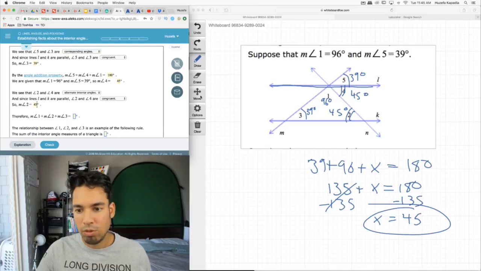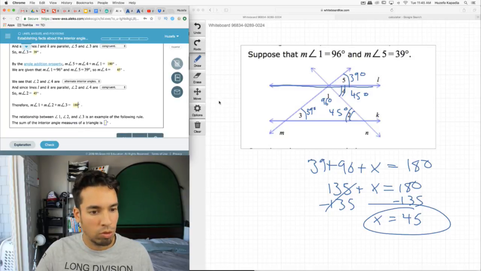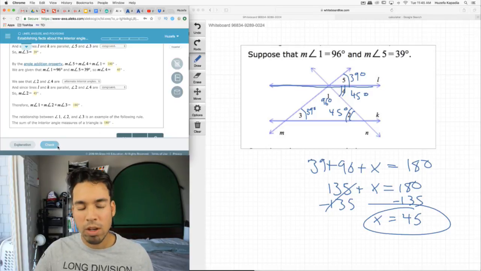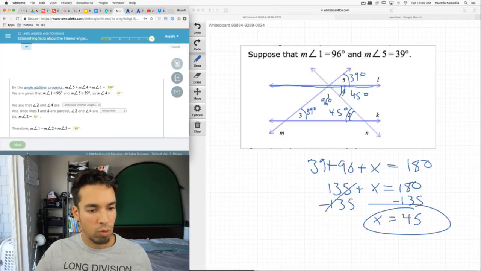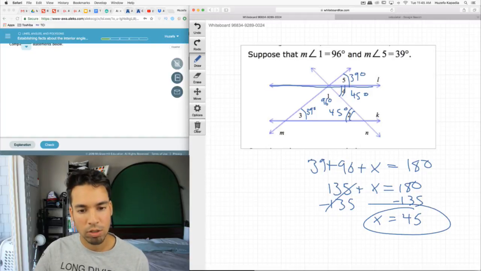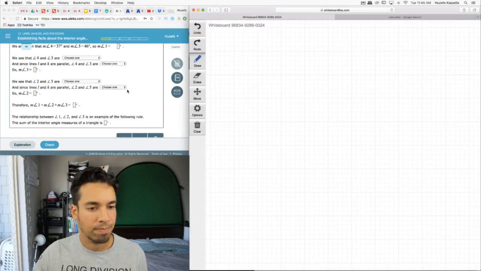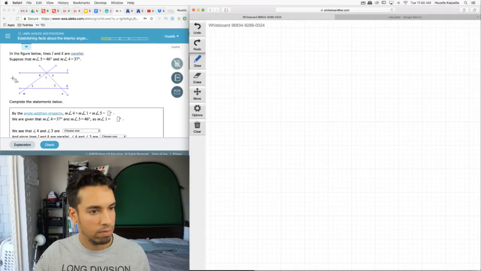Therefore, 1 plus 2 plus 3 equals 180, because they're all part of a triangle. So the relationship between angles 1, 2, and 3 is an example of the following rule: the sum of the interior angle measures of a triangle is 180 degrees. That's a super standard, important rule in geometry for all triangles. It's always the case.